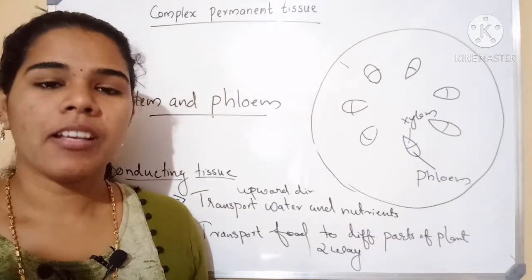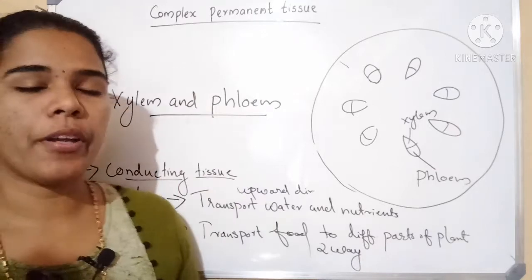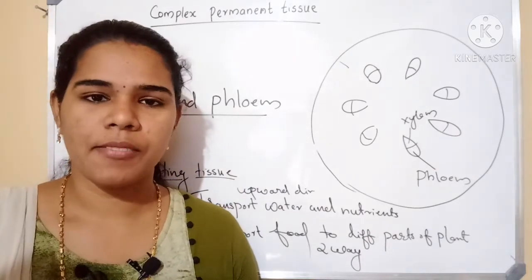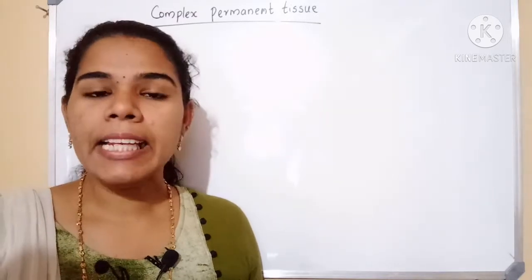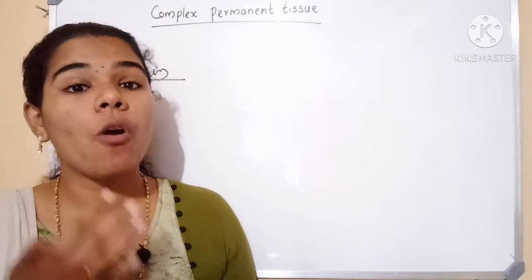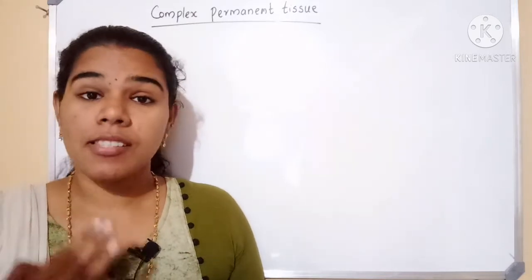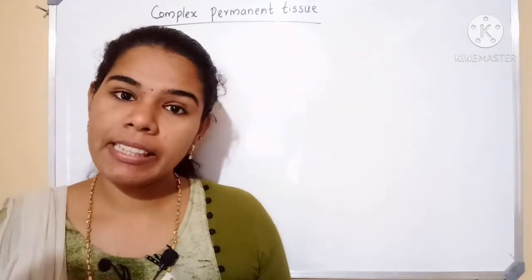Next we discuss the differences between xylem and phloem tissues. First we discuss xylem. Xylem permanent tissues are made up of four elements. What are they?